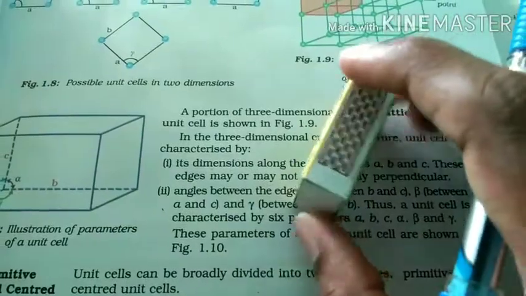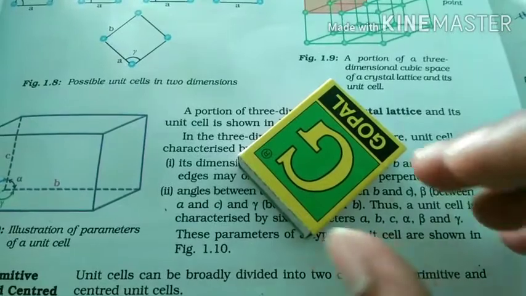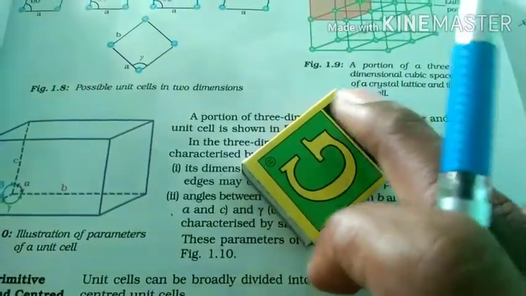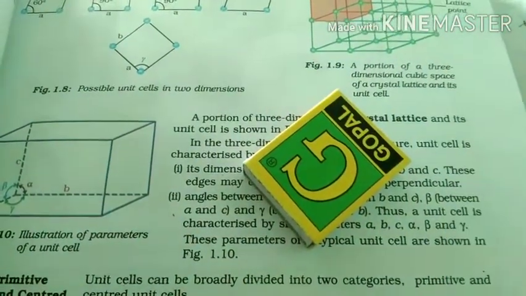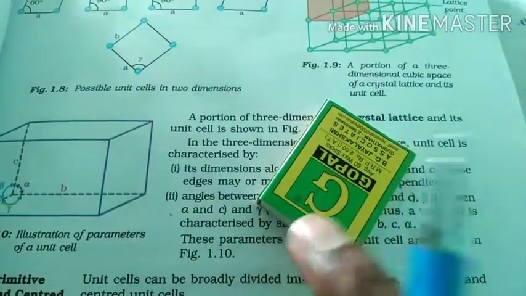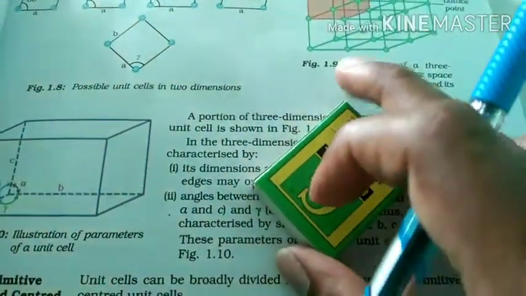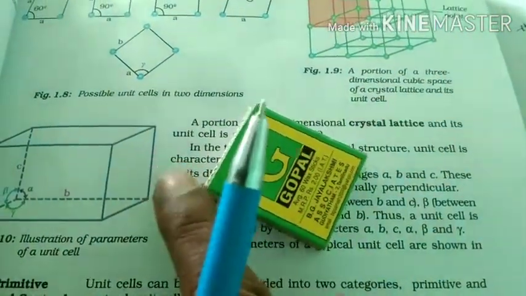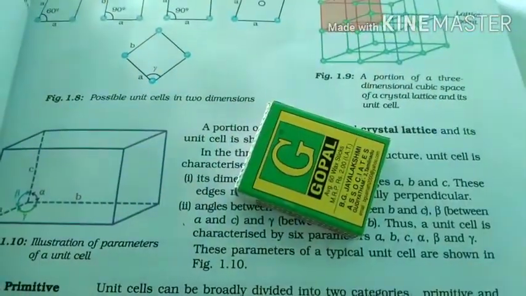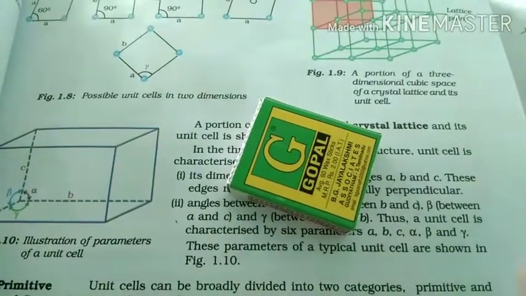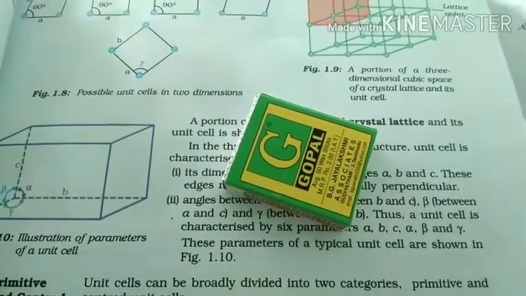Next one, edges. Edges means what? Between two corners, that is called edges. See, this is one edge, 1 2 3 4, 4 edges. Back side also 4, 5 6 7 8, 8. Next, this is also edge, 9 10 11 12. So total 12 edges are present in each unit cell, not crystal, not space lattice, not crystal lattice.